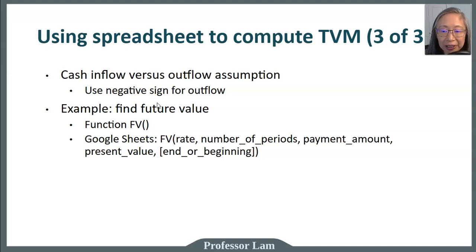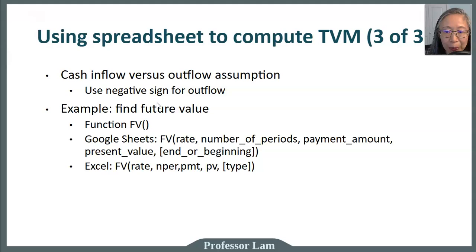These are the inputs that you need to put into the function for it to work. If you're using Excel, it's very similar. The argument names are different, but the values are the same. So all the demonstrations that we do, you can apply in Excel as well.